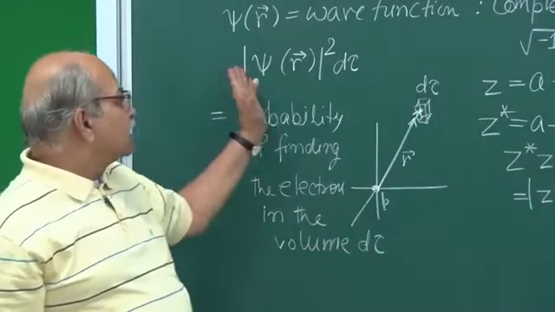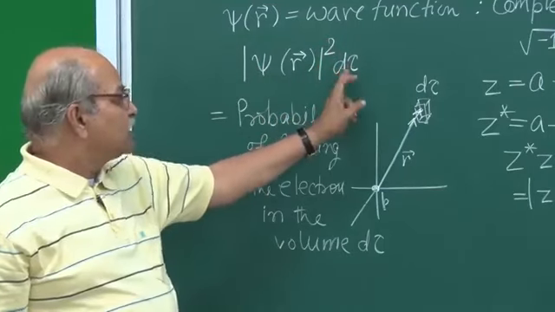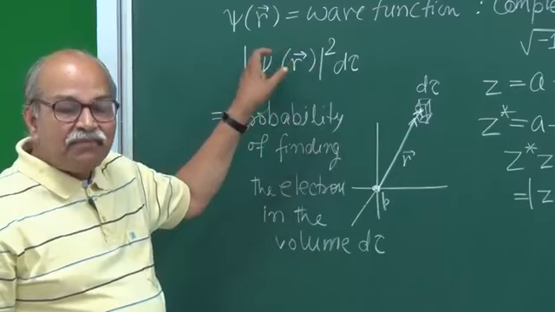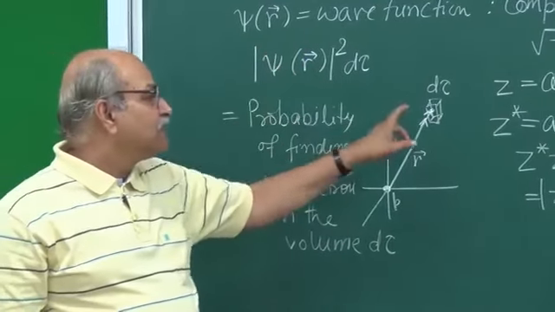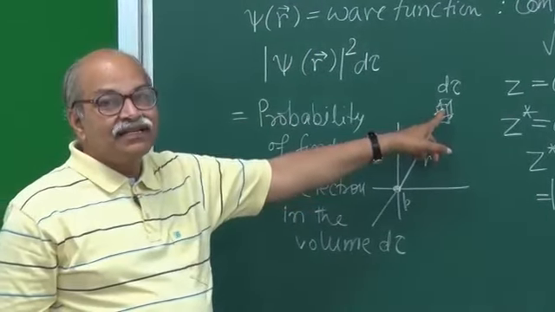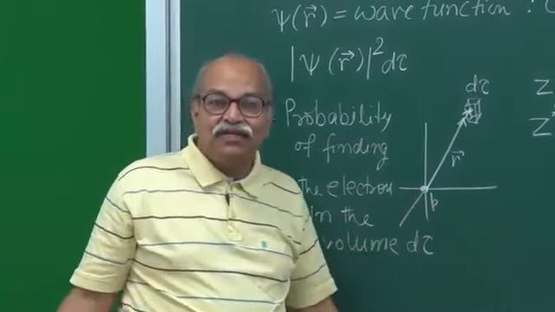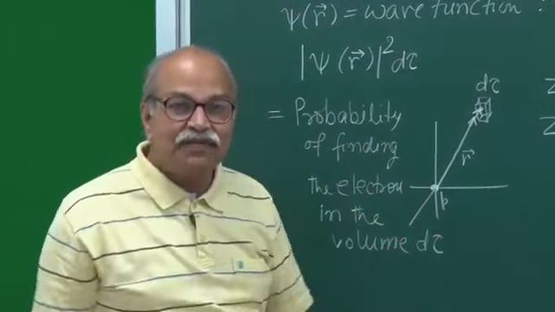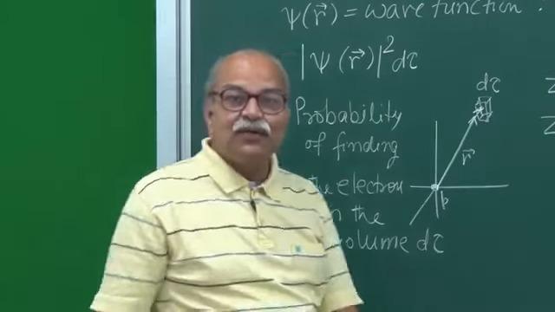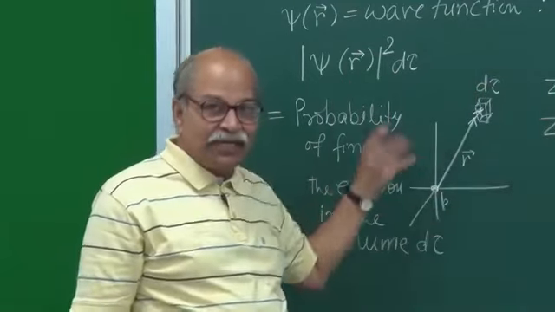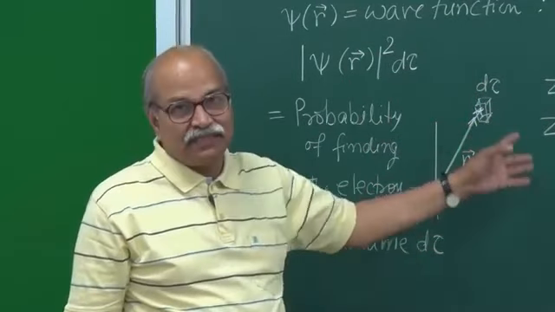Okay, so this mod psi square d tau, this quantity gives me the probability of finding the electron in this volume. So if you want to know where the electron is, if I put some instruments to locate it, where do I locate? So you can locate it anywhere in this space, but with different probabilities.